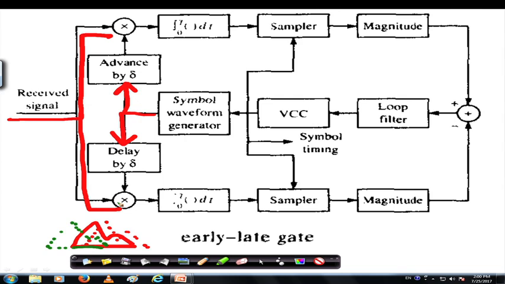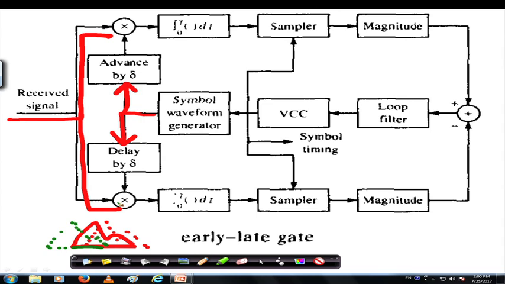So, we are using the correlation philosophy, that means we have created two functions with which we are correlating the received signal, and then we see the output of this correlation. We are trying to see that the correlation value is maintained the same, again using the correlation philosophy in a gross sense.